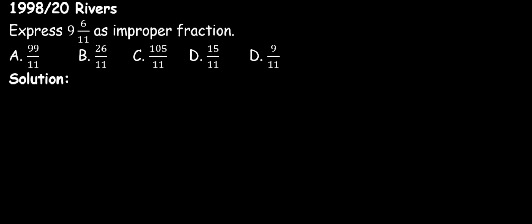Solution. 9 whole number 6/11 is equal to, at the denominator we have 11, 9 times 11 plus 6, which is equal to 105/11. As we use 11 to multiply 9, then add 6 to it, that's what will be added to the numerator.